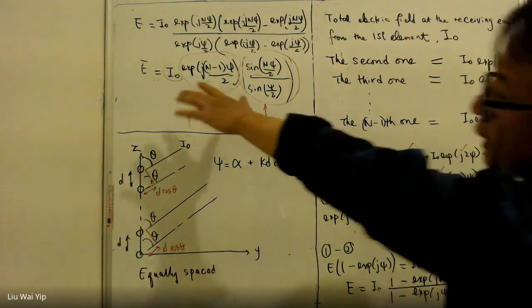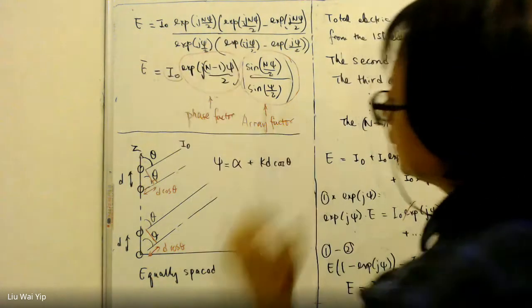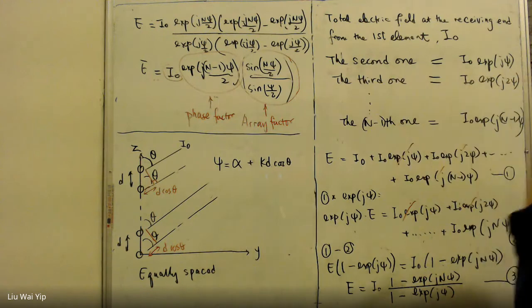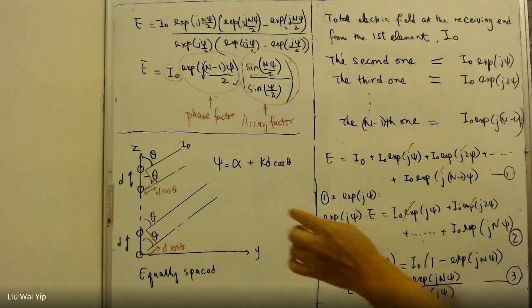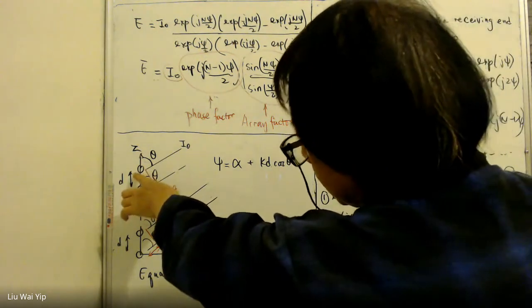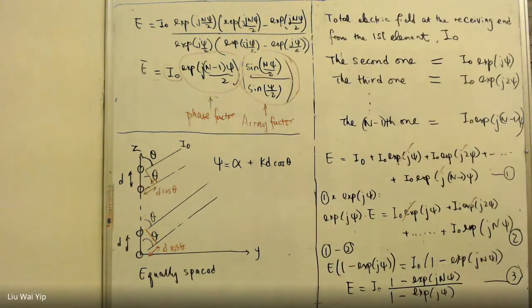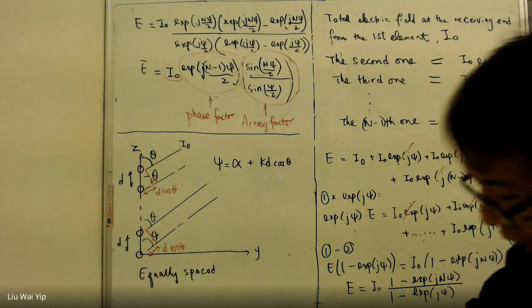So for the time being, we just ignore the detail of I_n. I_n is the radiation pattern coming from the individual antenna here. Now, we have already got this very important formula.